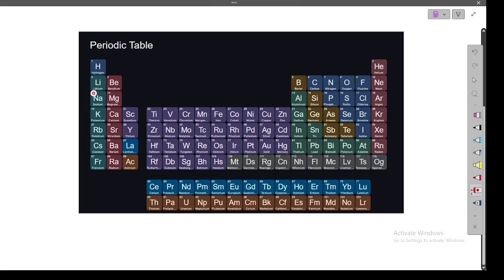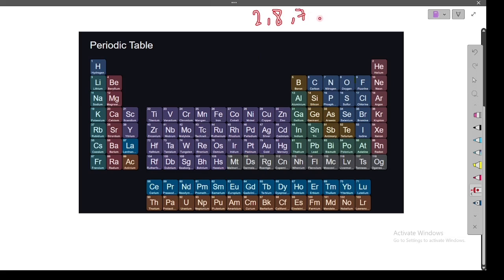One easily gives an electron, sodium, which is 2, 8, and 1. So this one electron, it can give up easily. And chlorine has atomic number 17. So the configuration is 2, 8, and 7.